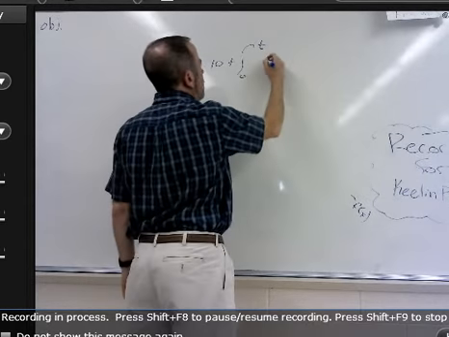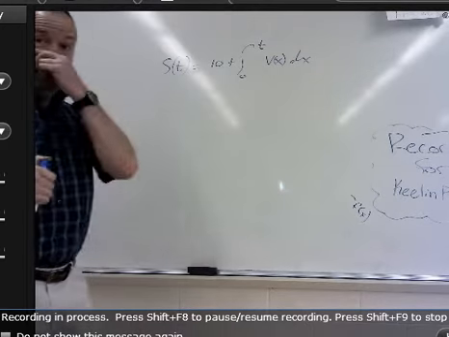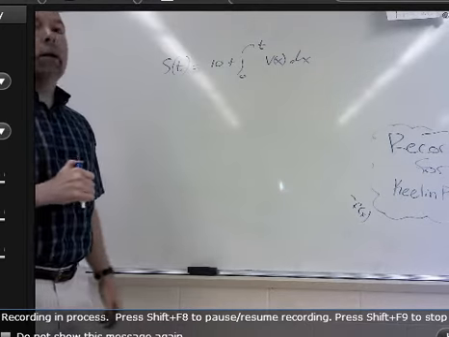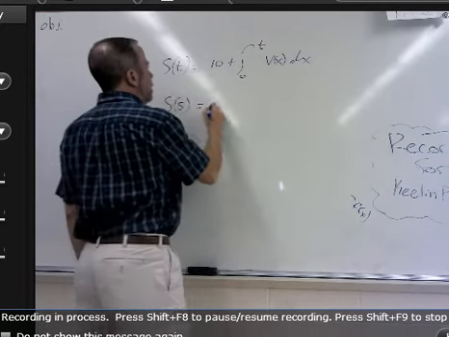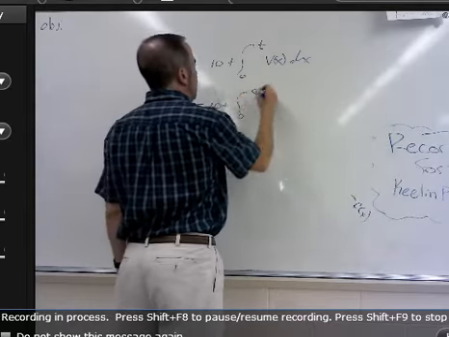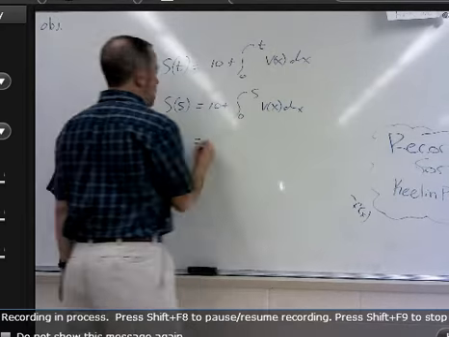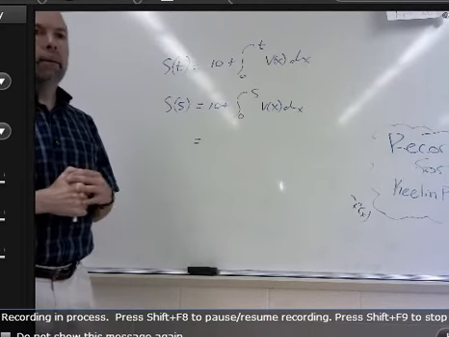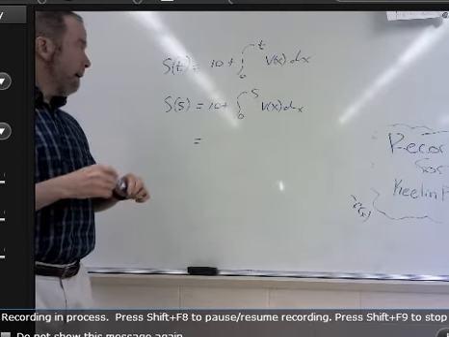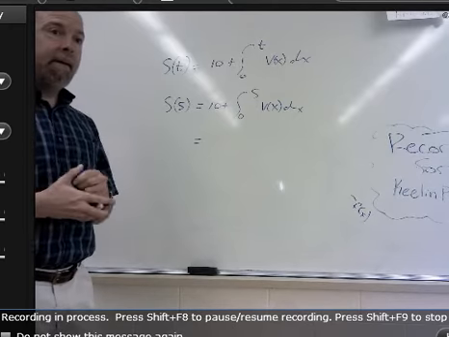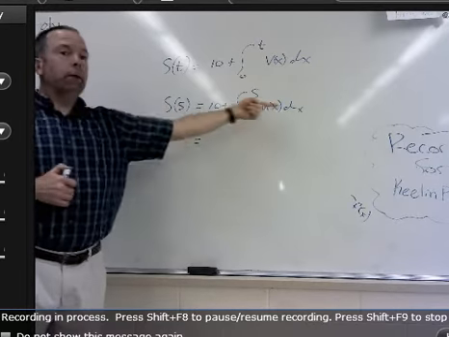When it says the position at 0 is 10, that's the water already in the barrel. Then S of 5 equals 10 plus the integral from 0 to 5 of v of x dx. Here's the generic one, and here's the more specific, and then you get the specific value.